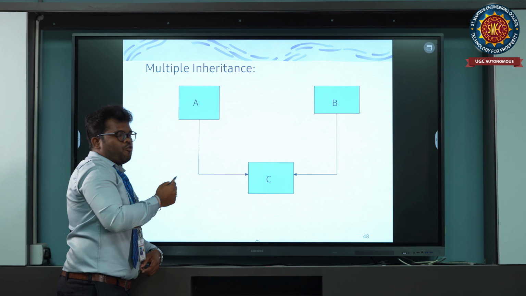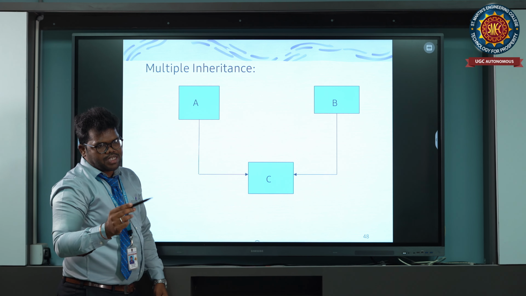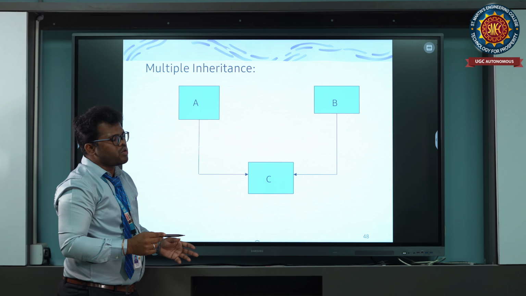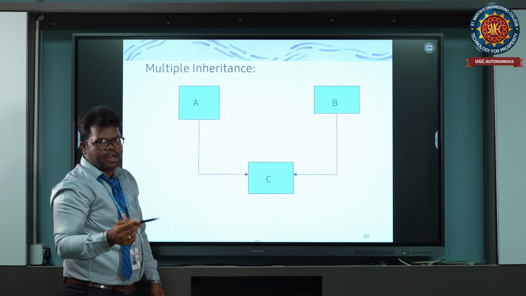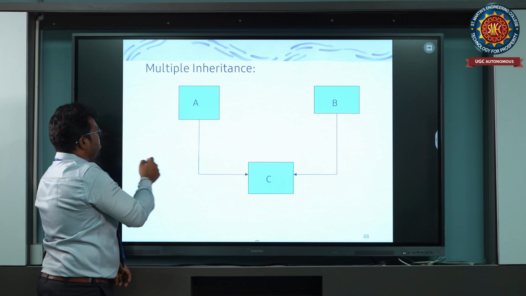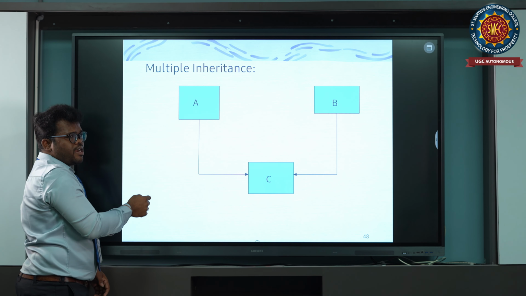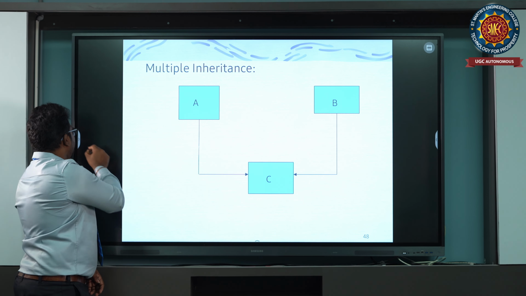Java follows WORA, one of the advantages of Java. WORA means write once, run anywhere. Once we write the code, we can execute it anywhere, on any operating system. These are multiple inheritance, multi-level inheritance, single inheritance, hierarchical inheritance and hybrid inheritance.